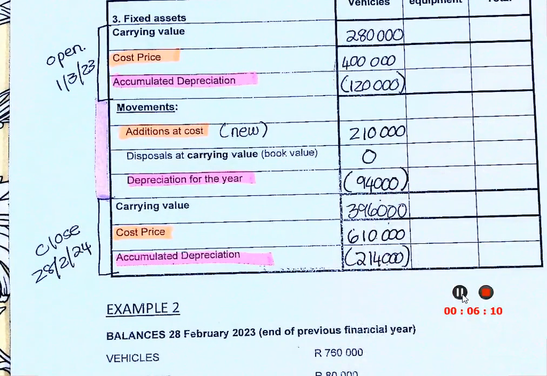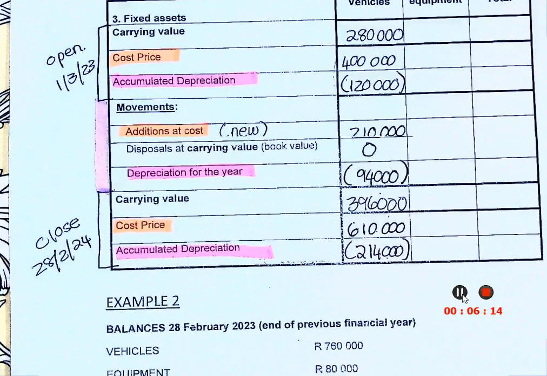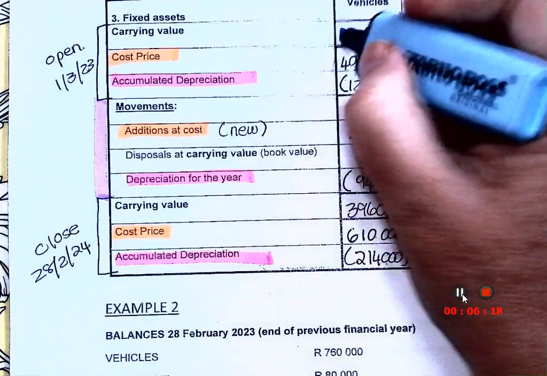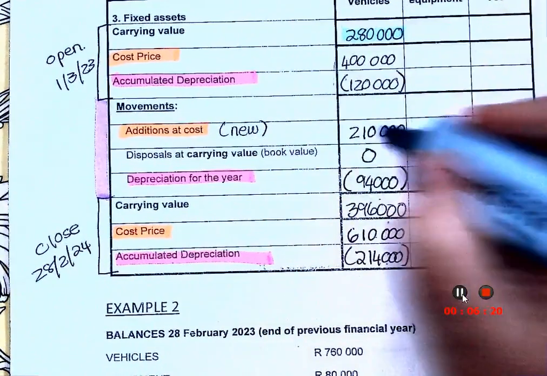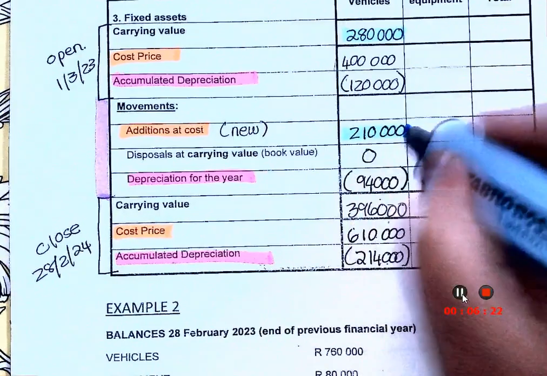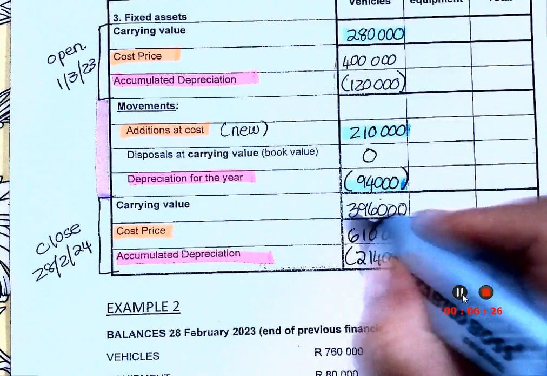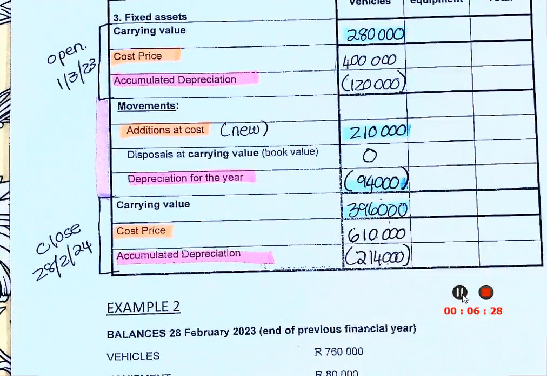Okay, I also want you to see the following. Is everybody with me? Can you see, if I take the carry value, I add the addition, I subtract the depreciation, then I will get 396.